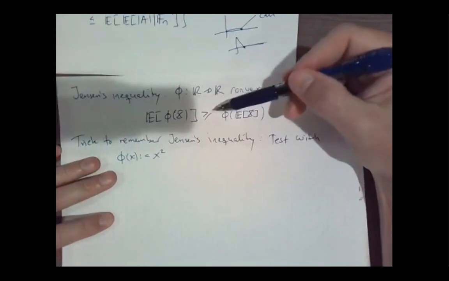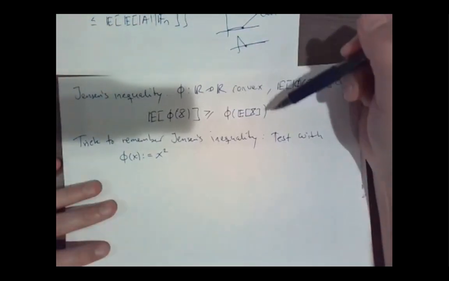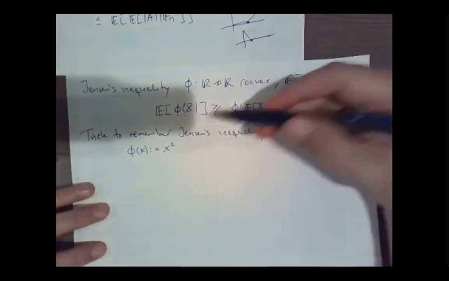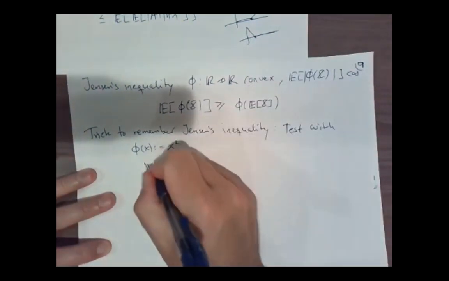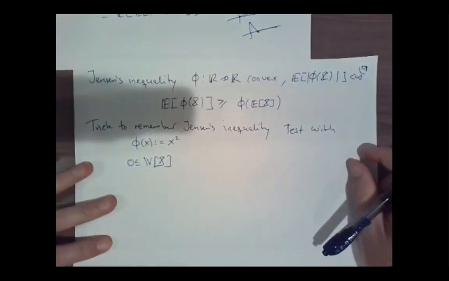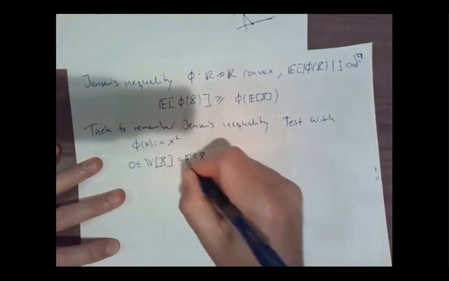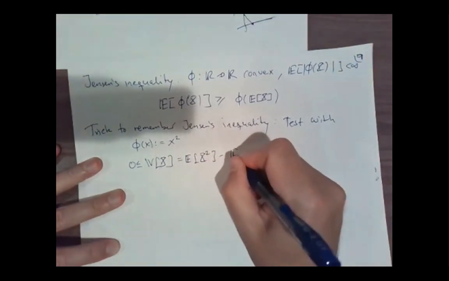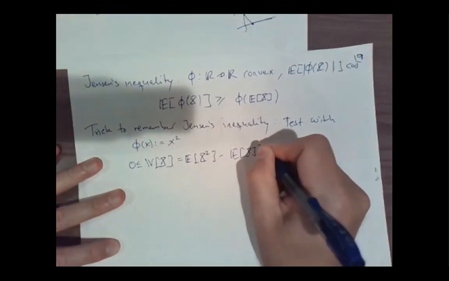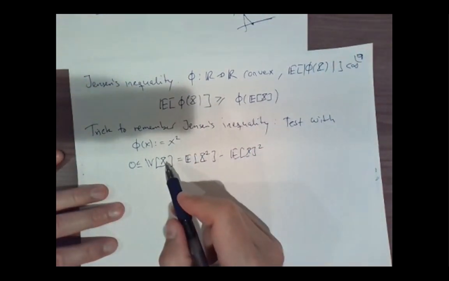If you can't remember what way to put Jensen's inequality, so you know we have a convex function. What I propose to do is just to test it out with a square function, because you know that the variance of a random variable is non-negative, and you also know that the expectation of x squared minus the expectation of x, squared, that difference is going to give you the variance.